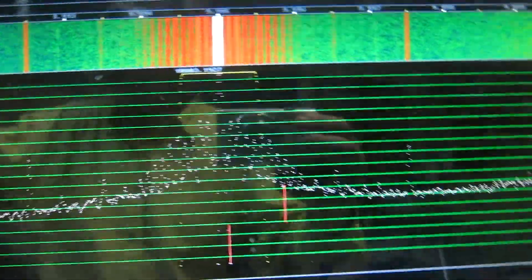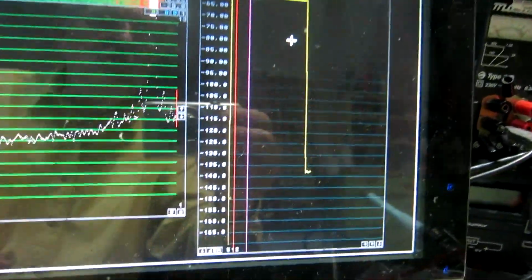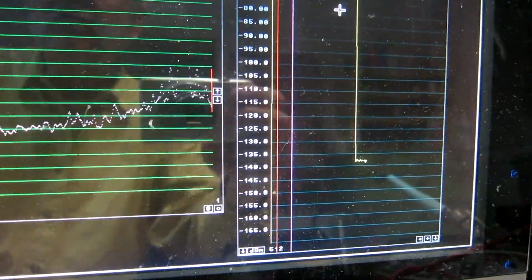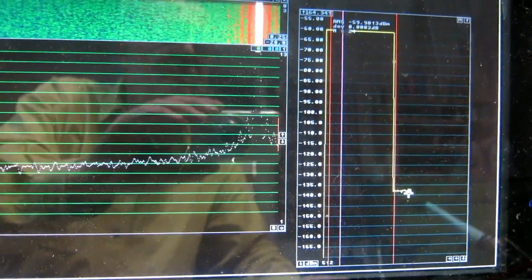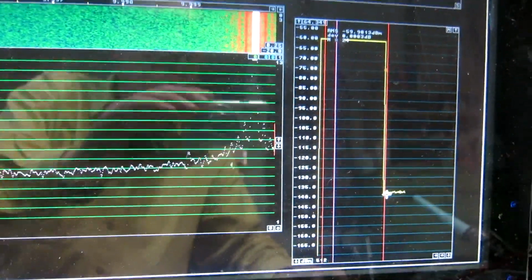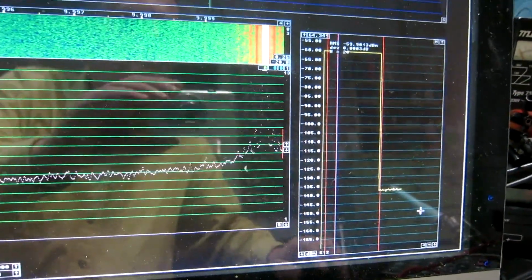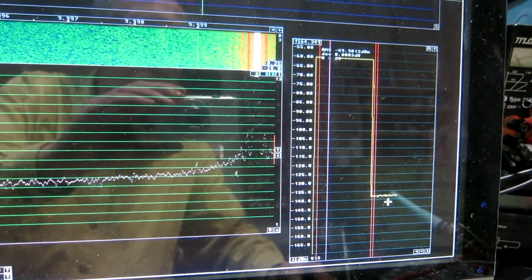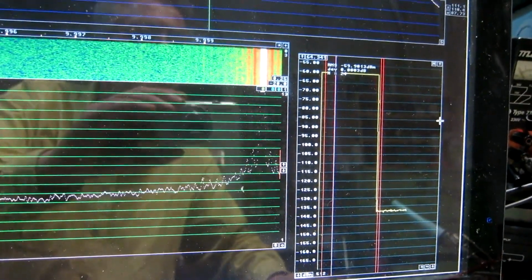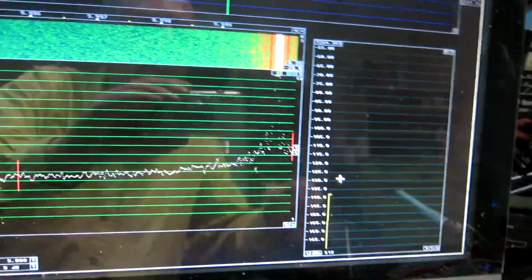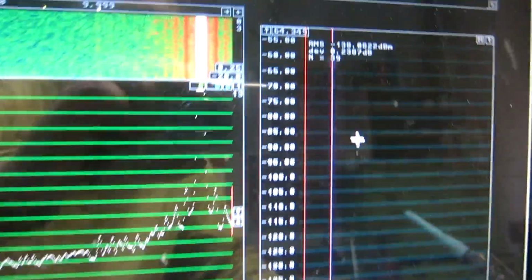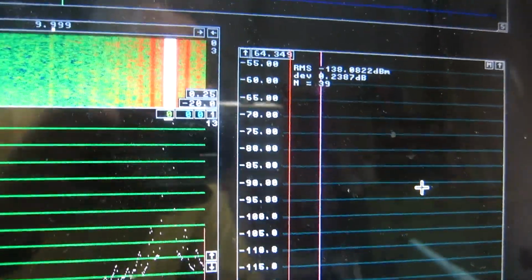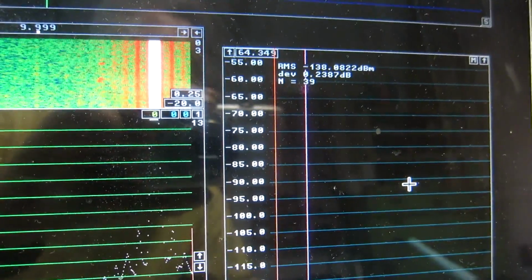So I switch off the generator, and here is the noise floor in a bandwidth of 1 kHz. Minus 138.1.